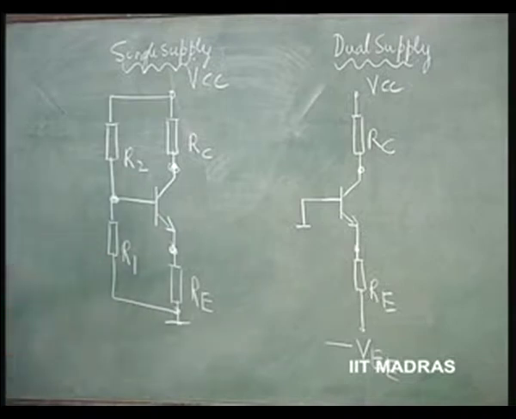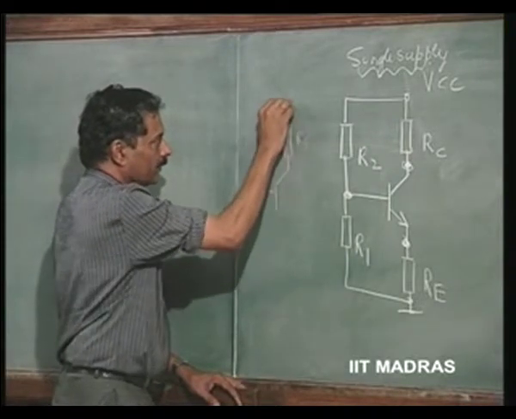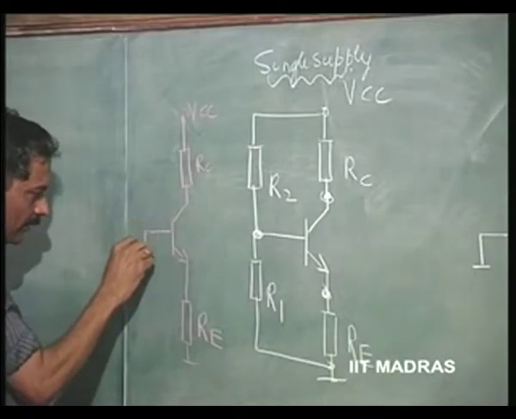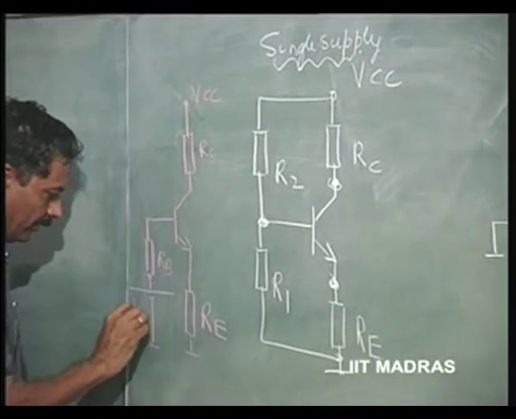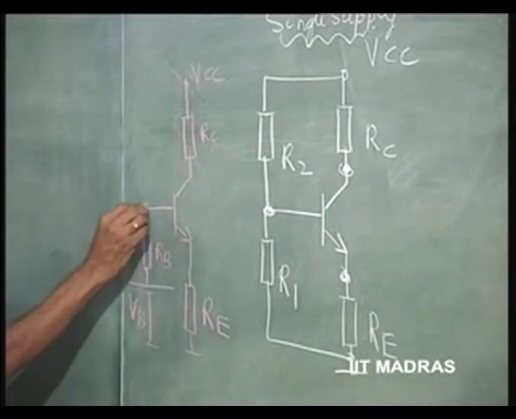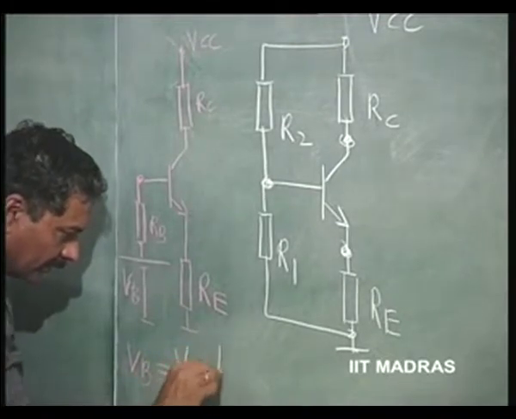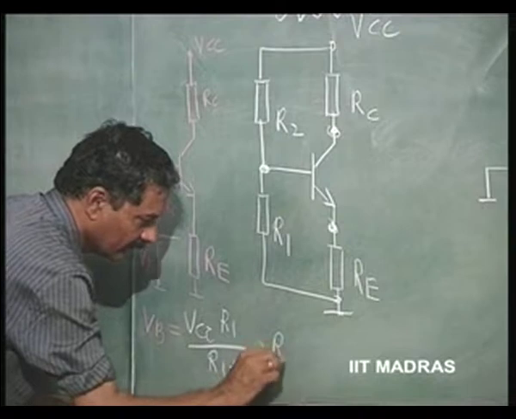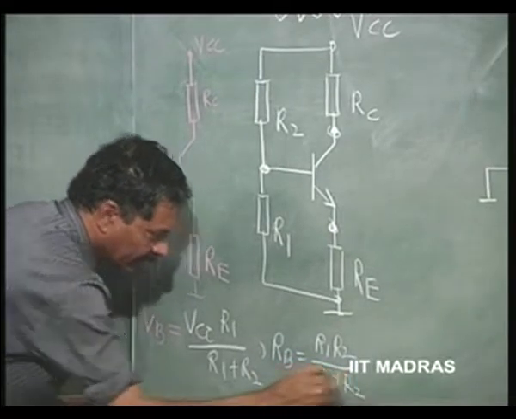In the single supply scheme that we had discussed, we saw that this can be equivalent to RC, VCC, RE, RB, and VB, where VB was equal to VCC into R1 by R1 plus R2, the Thevenin's voltage, and RB was equal to R1 R2 by R1 plus R2, the parallel combination of R1 and R2.